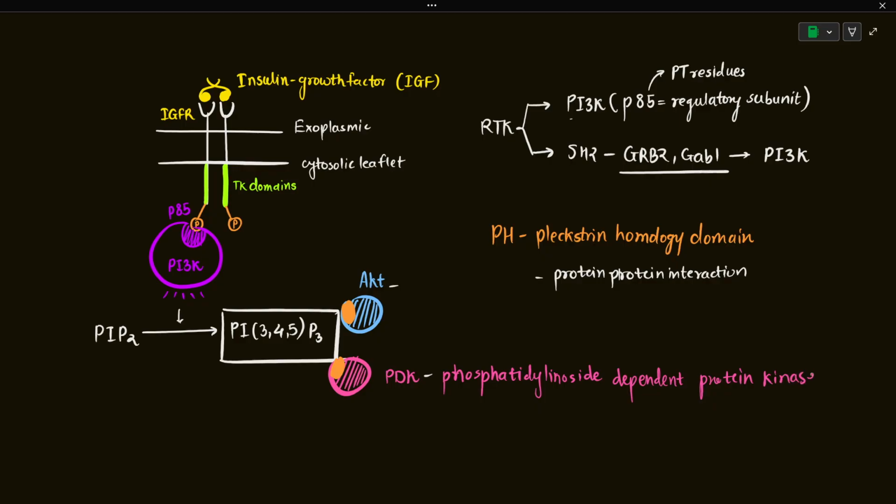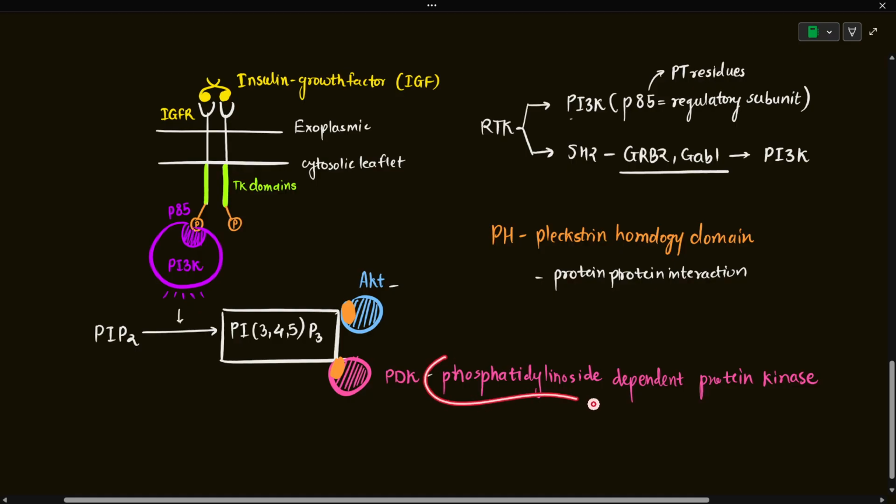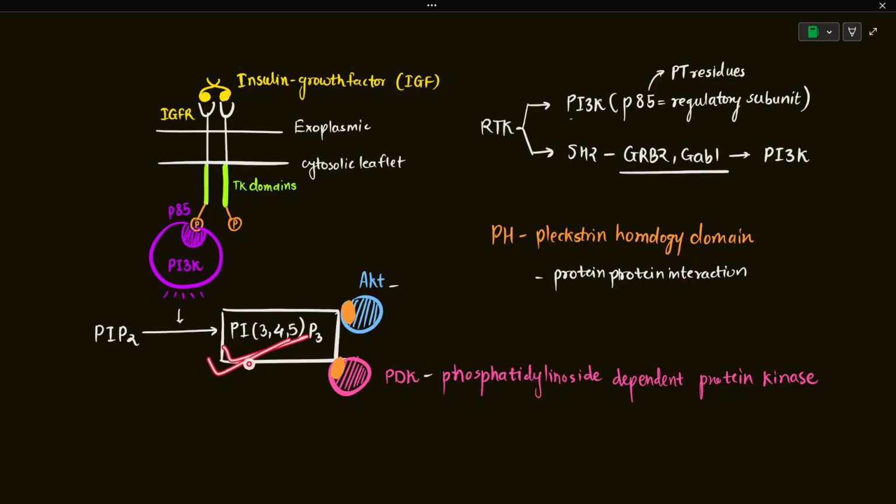It means this is a kinase which is going to phosphorylate some substrate and is dependent on phosphatidyl inositides. So this is phosphatidyl inositide, right? So this is dependent on PIP3, and that is why it is called phosphatidyl inositide dependent protein kinase.